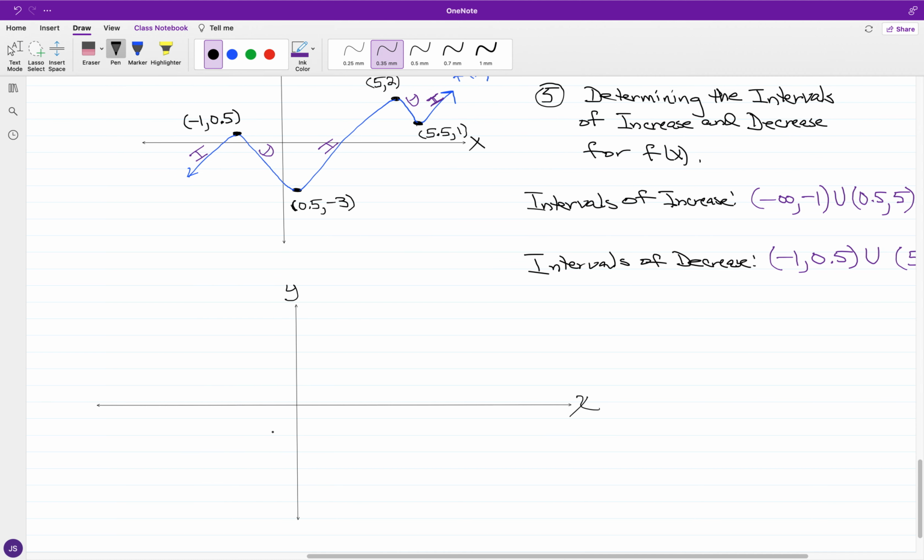Among our points, we'll say we have -10, -6, also -3, -2.